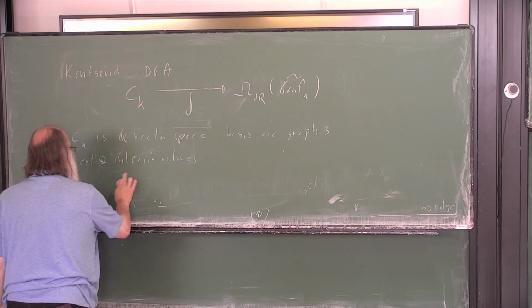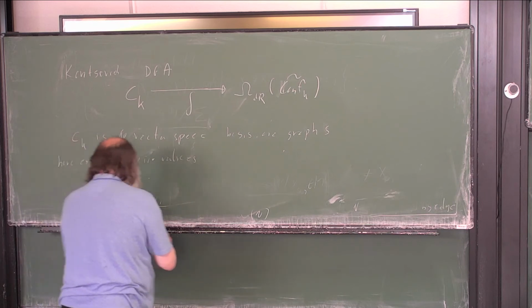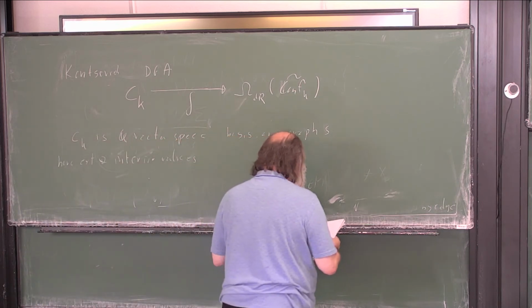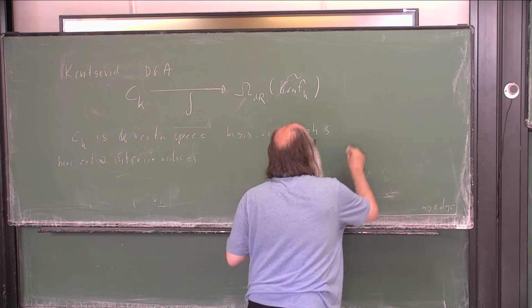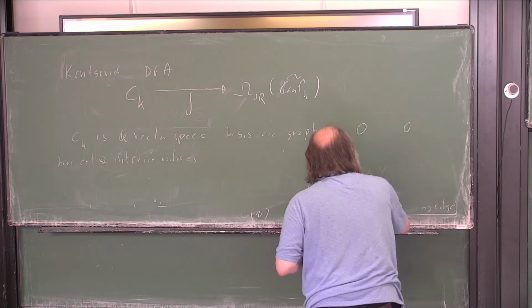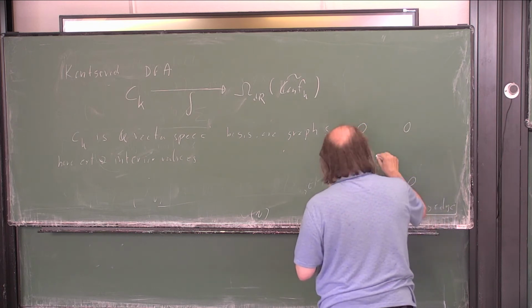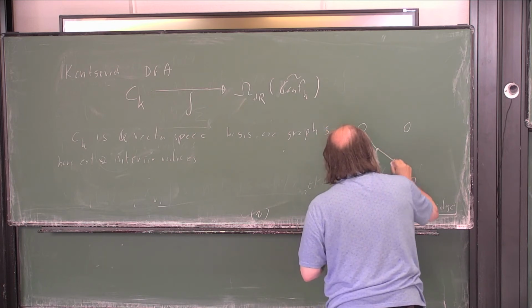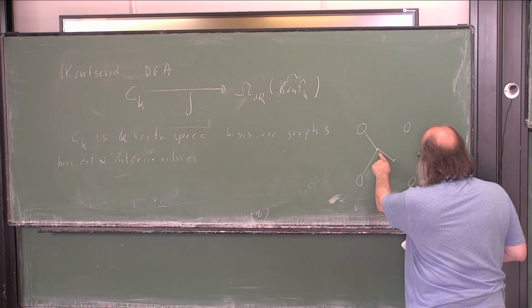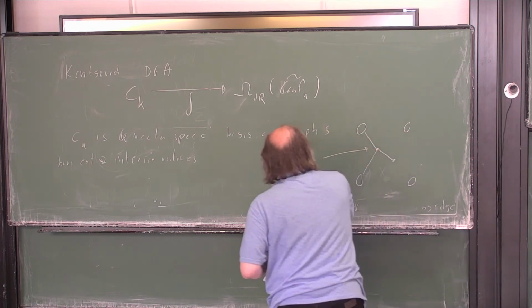There are rules for this. There's a graph like this. So you have four exterior vertices and perhaps two interior. And the first rule is that each of these interior vertices has valence at least 3.